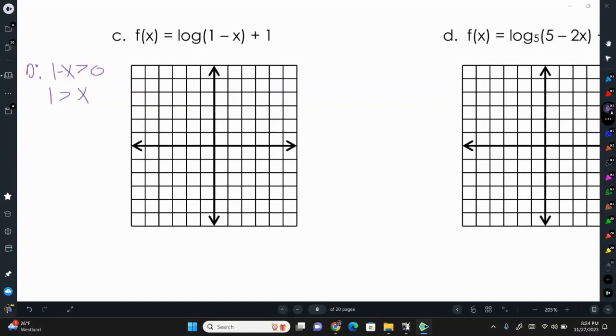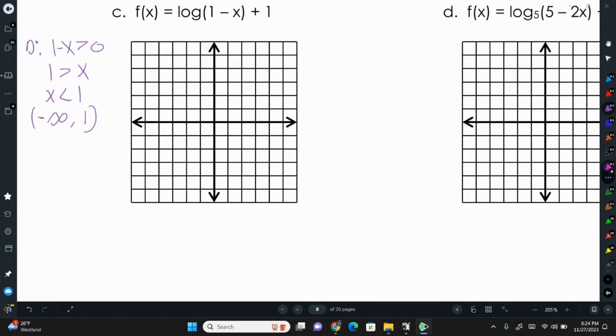We have 1 is greater than x, but I like to write it with x on the left side. So then our domain is negative infinity comma 1, because x is less than 1. Then our range is negative infinity comma infinity.